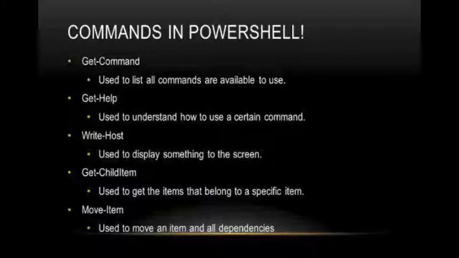The last command that we'll be looking at is Move-Item. For an operating system outside of PowerShell, this might be kind of like a cut and paste. This is used to move an item and all of its dependencies to a new location. Now, let's go over to the ISE and understand what we have to do to get these commands to work.